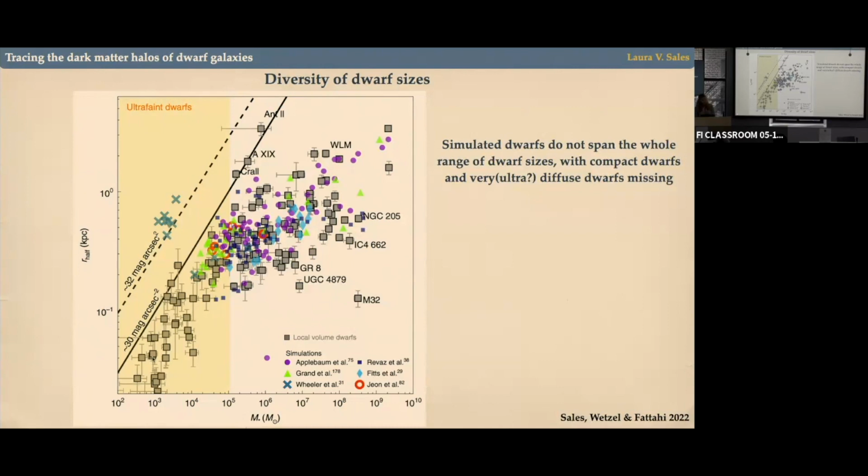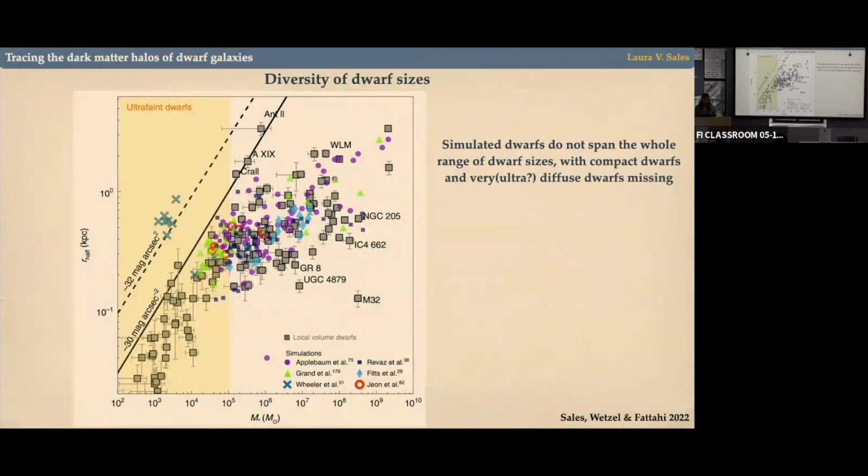However, when looked at in detail, you can see that individual simulations, so if you pick the symbols of the same color, are quite narrow. They really don't span a large degree of sizes at a given stellar mass. I mean, Applebaum is work from Allison's group. They do quite well compared to perhaps the others.